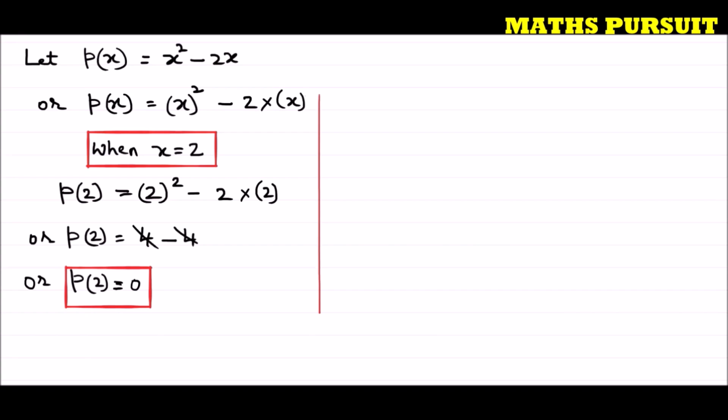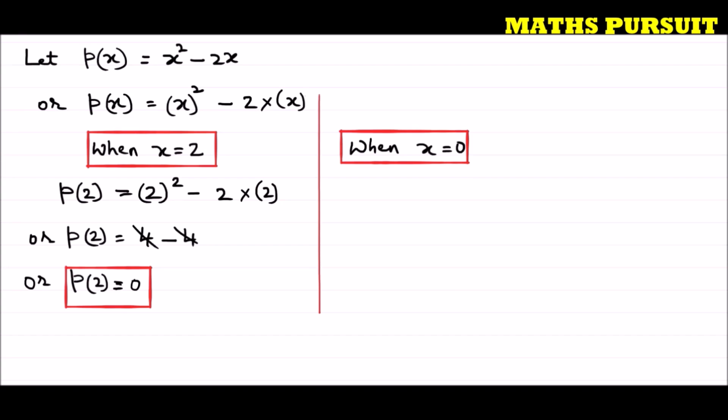So when x is equal to 0, this is what we are checking now. So we are going to replace the value of x in the given polynomial by 0.